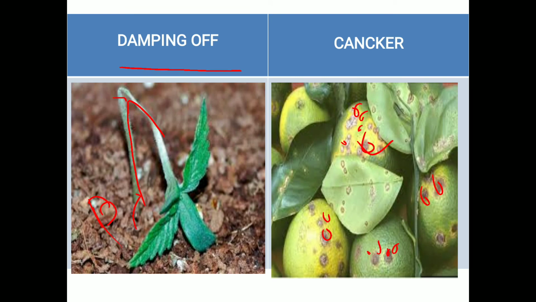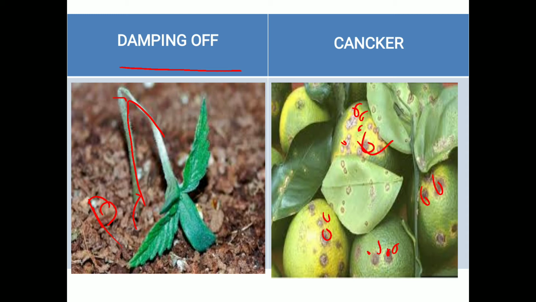Next one, damping off. Damping off means a sudden collapse of the seedling near the ground level. That means the seedling falls down right at ground level. Damping off is mostly observed in nurseries, or in crops which are grown in nurseries, for example tomato, chili, brinjal.